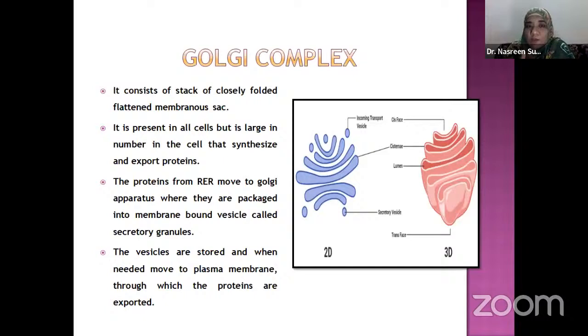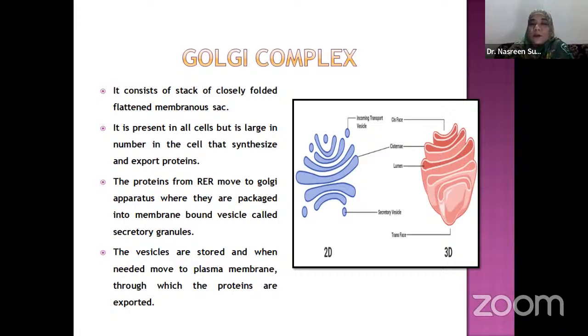Coming to the Golgi complex, they are also sac-like membranes. They are folded, flat, membranous sacs. You can see here. It is present in all cells, but in large numbers in cells that synthesize and export proteins. The cells which synthesize more proteins and export proteins, in those cells we find more Golgi complexes.